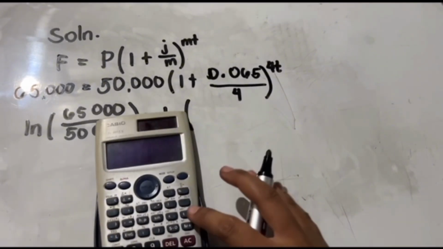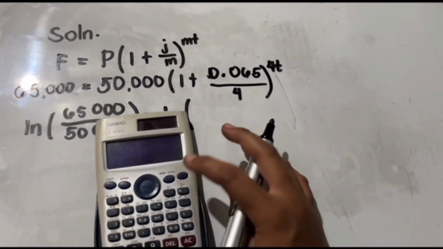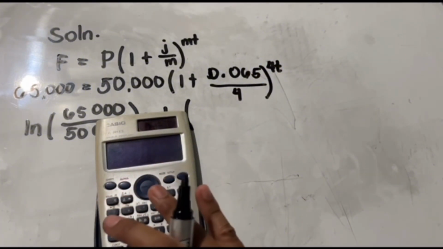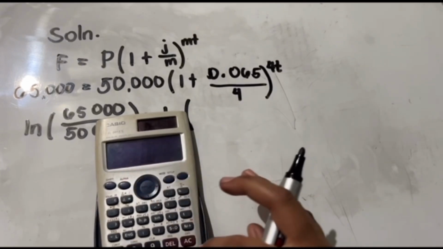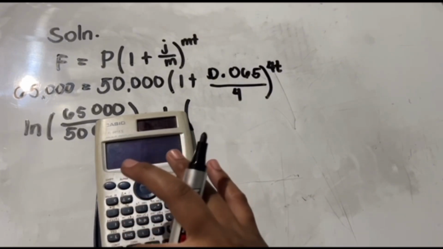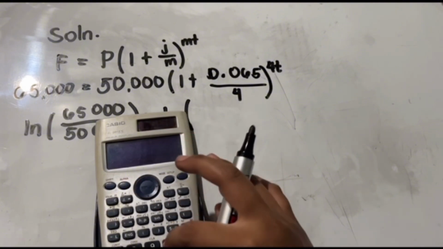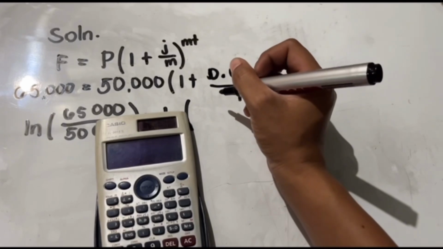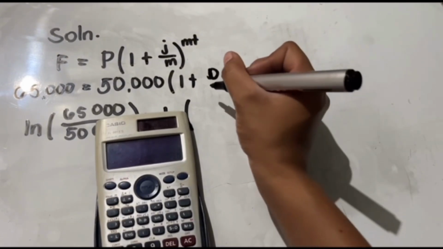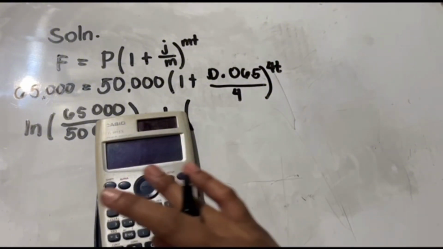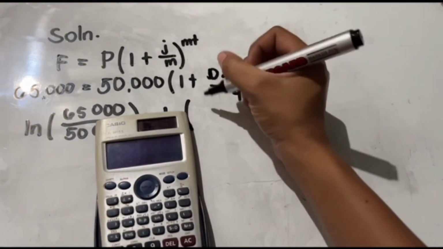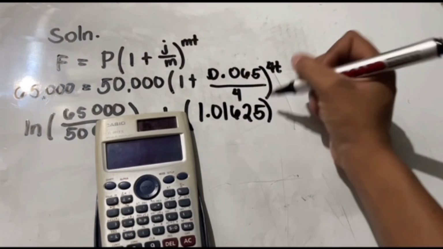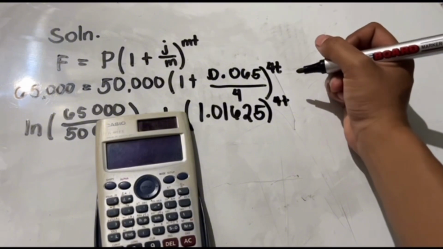So using our calculator, first 0.065 divided by 4 equals 0.01625. Plus 1 equals 1.01625, to the power of 4t.